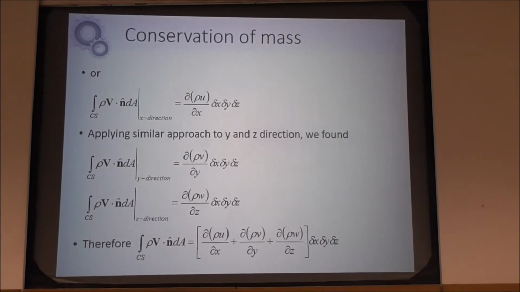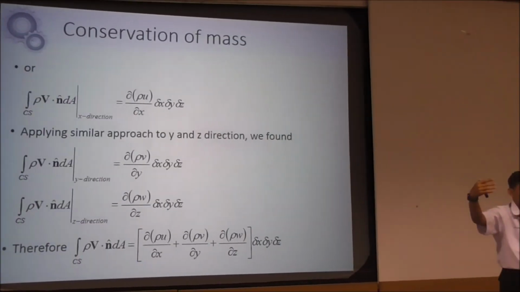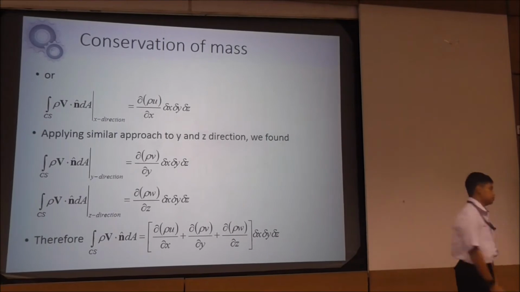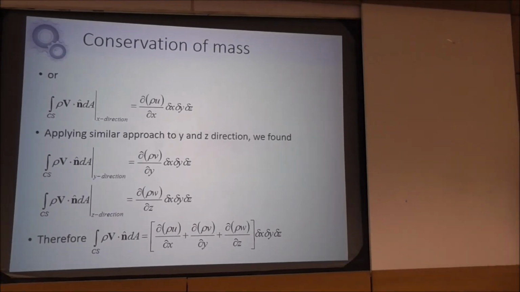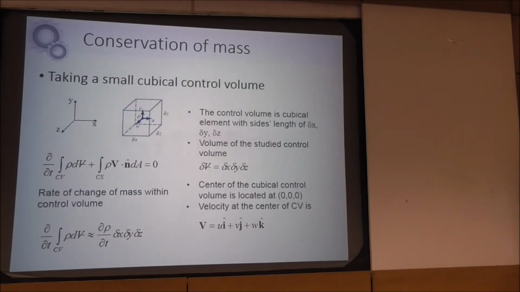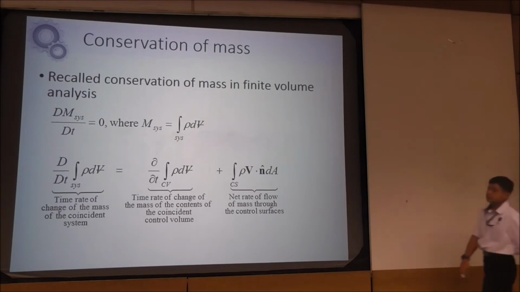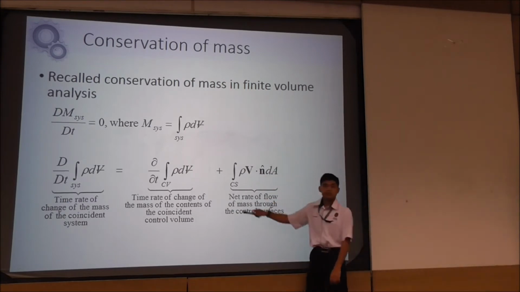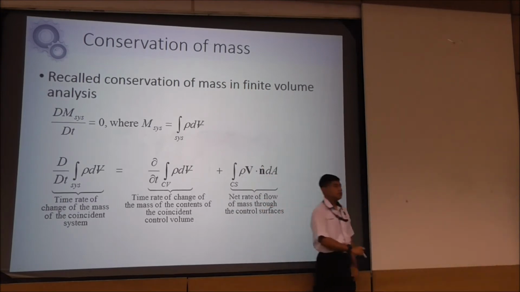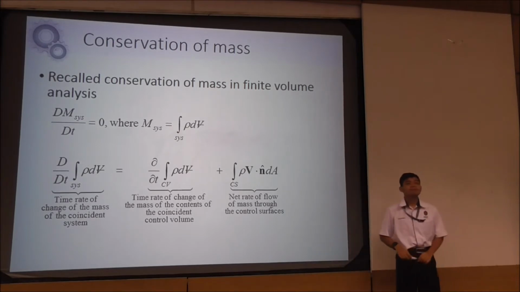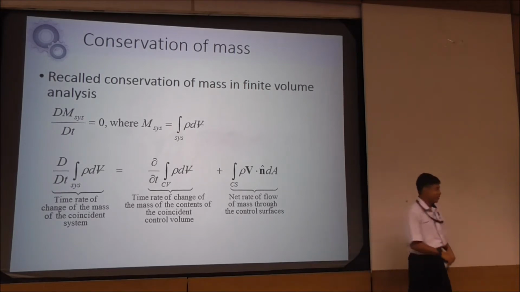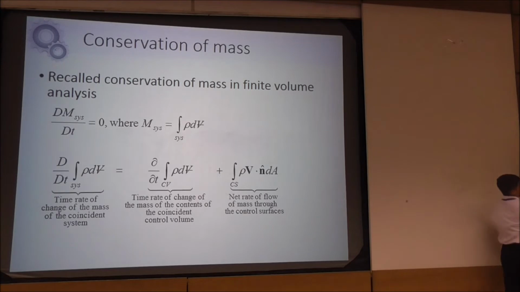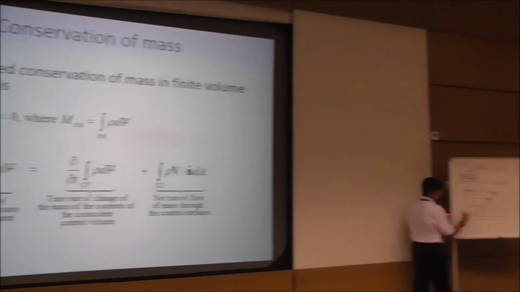Right? So this one is taking account the mass crossing the boundary. The crossing the boundary, CS. Okay? So if you look at, we are talking about this one. If you remember, in your chapter 5, you have this, right?